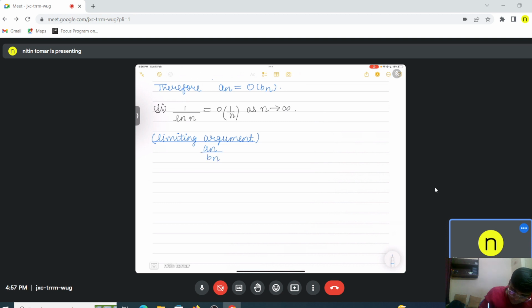Limiting argument. Let an be the 1 upon logarithm sequence and bn be 1 by n. Then an by bn will be n times logarithm n, and we know that it goes to infinity as n goes to infinity.